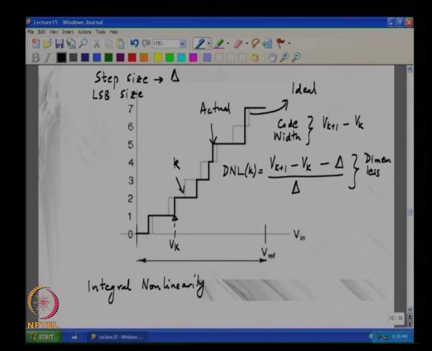So, the integral nonlinearity is telling you how far away this transition voltage Vk is from the ideal transition, okay, which is the ideal transition corresponding to code k.